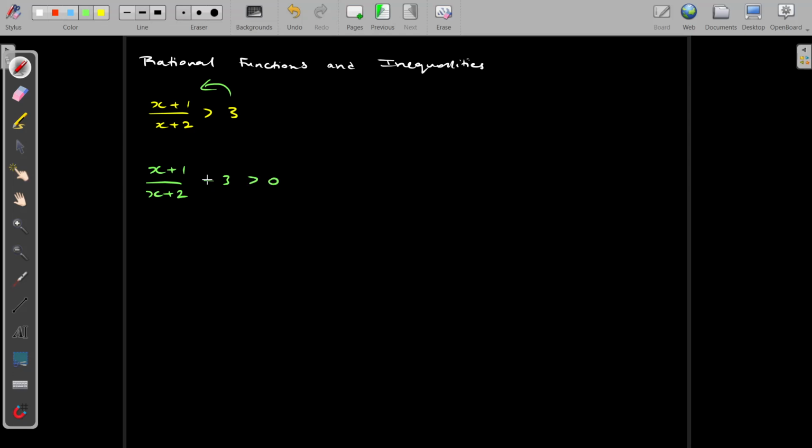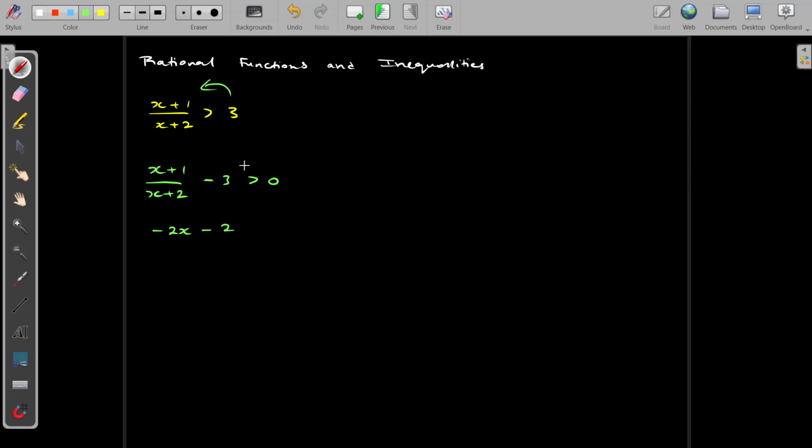And then we just simplify this side. It's going to be 4x, hold on, it's minus 3, so it's minus 3x. So it's minus 2x. So minus 2x minus 2.